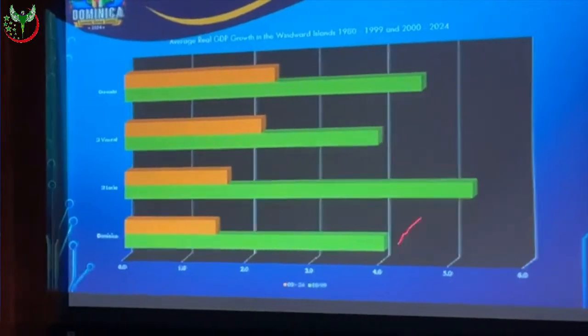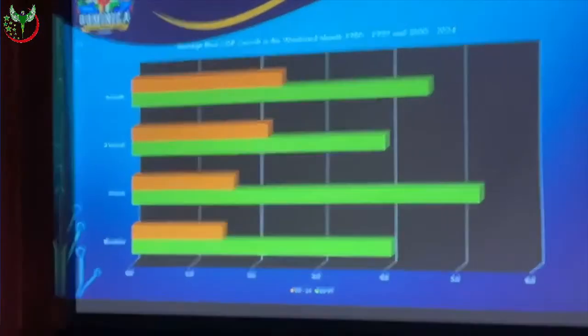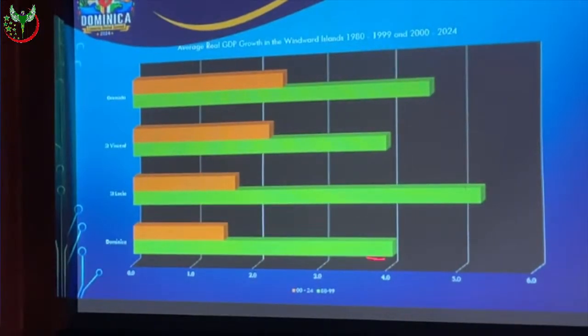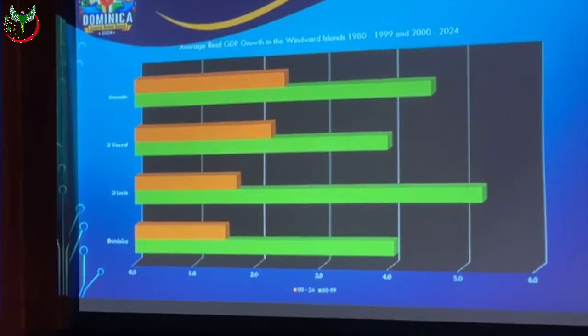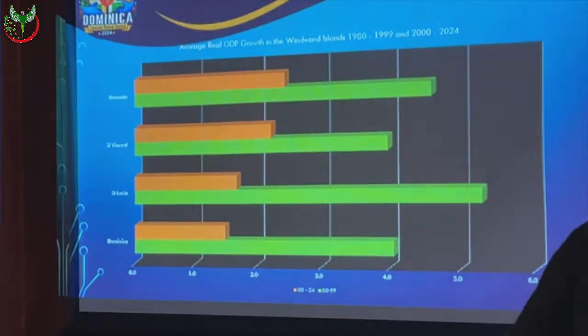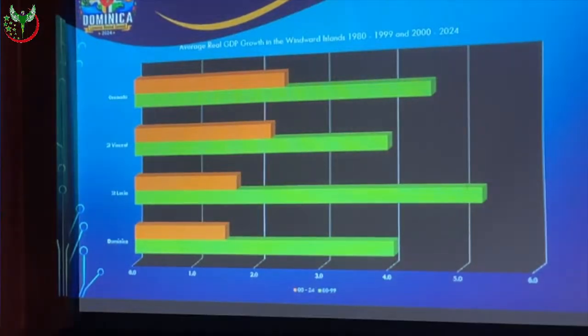So Dominica was doing relatively well. But then something happened, because if you look at this, all of this growth has disappeared since 2000 for all the countries. So one could argue it's not just Dominica, something's happening to the other islands as well. Because here, since 2000, Dominica moved from third place to basically last.